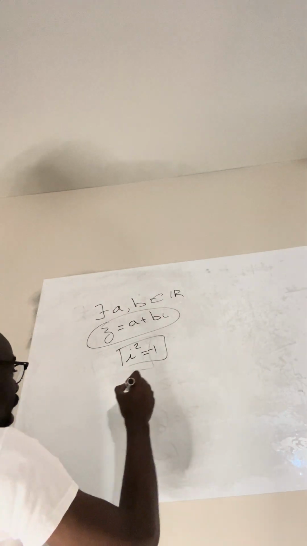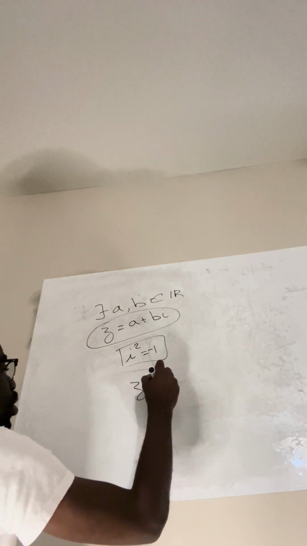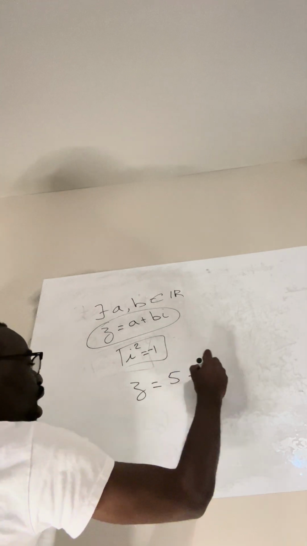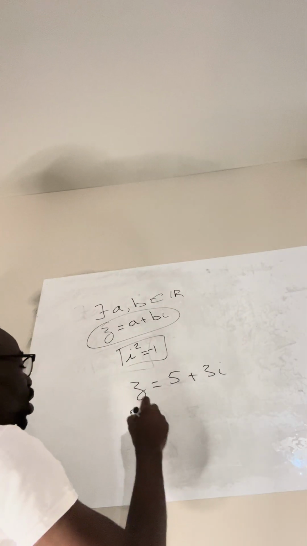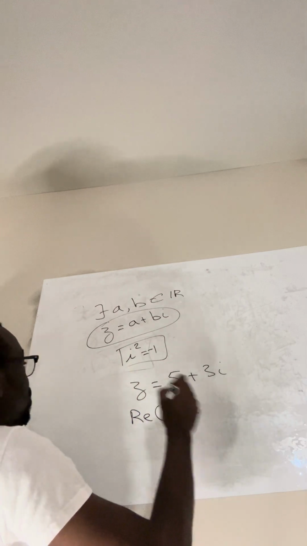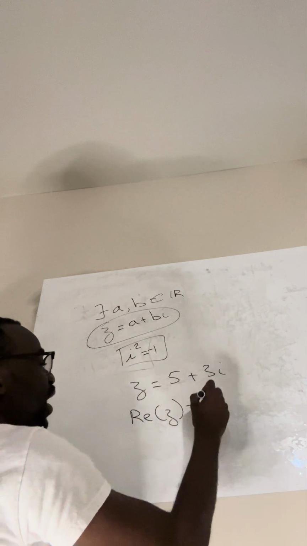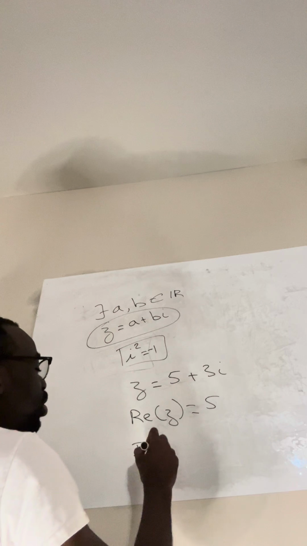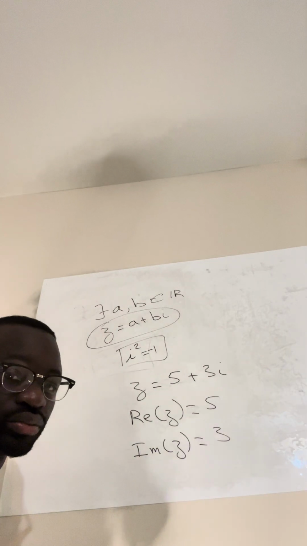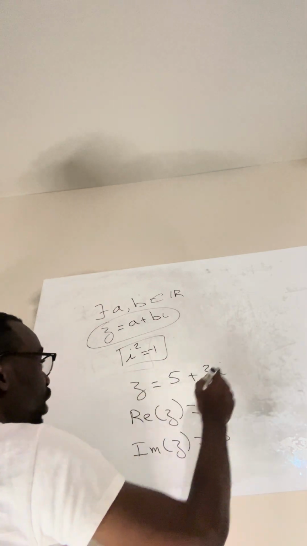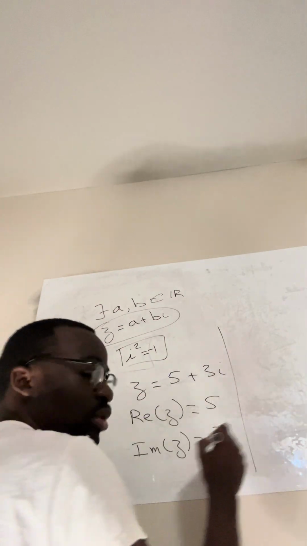So let's assume I have Z equal 5 plus 3i. The real part of Z, or sometimes they call it A, is 5. And the imaginary part of Z will be 3. Same thing, I take another number.